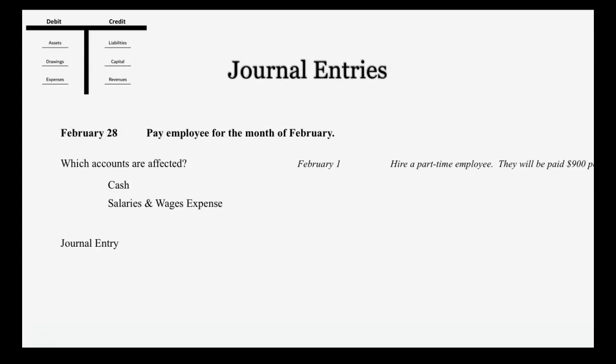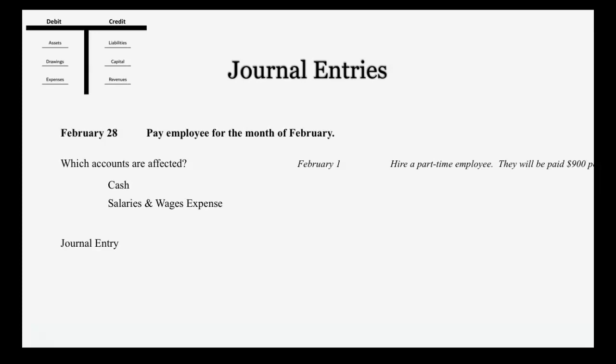So now we can look at our journal entry here and think about what we need to debit and what we need to credit in this entry. So our expenses are increasing, right? We have more of a salaries expense than we did previously.